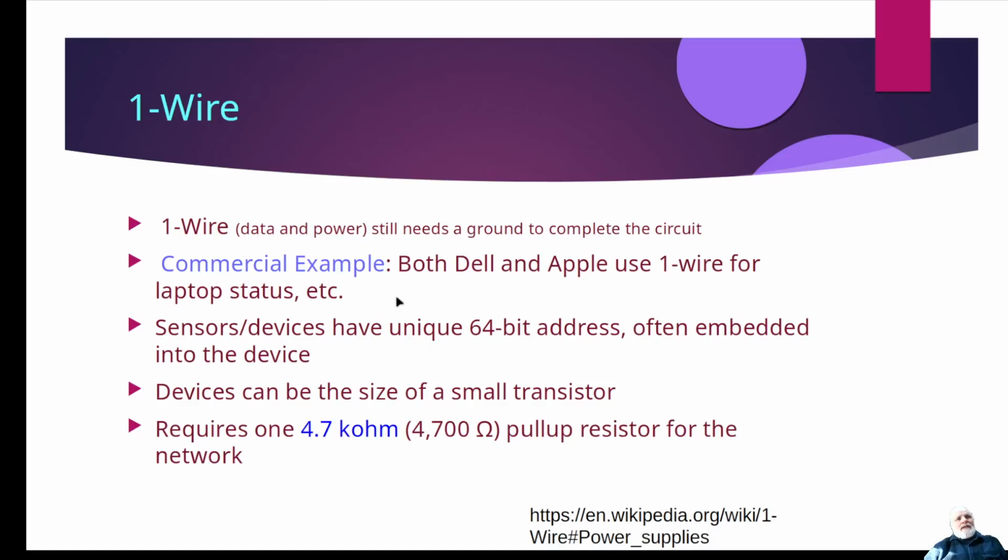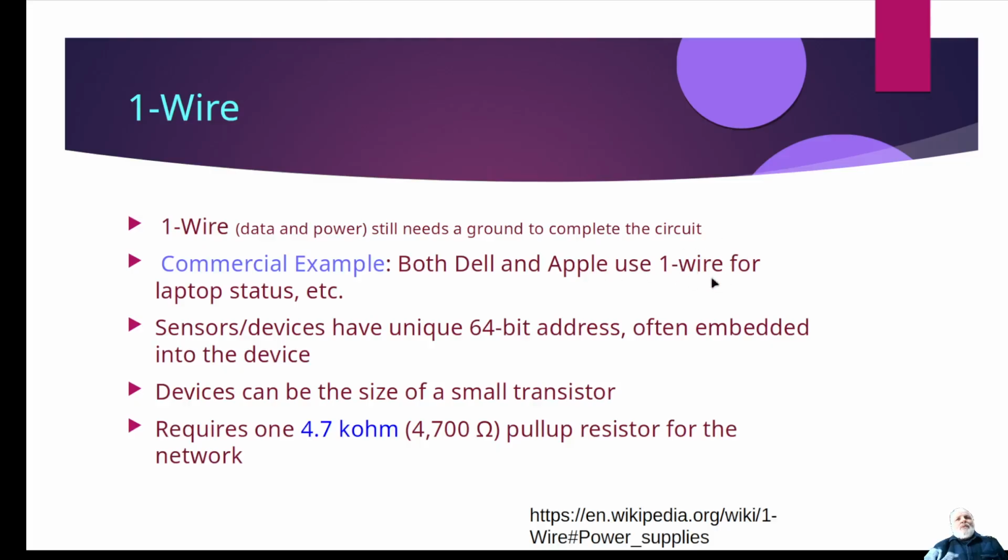You just need one pin on your BeagleBone or Raspberry Pi or whatever, and you can connect a lot of different devices on here, because each device that you connect will have a built-in 64-bit unique address.